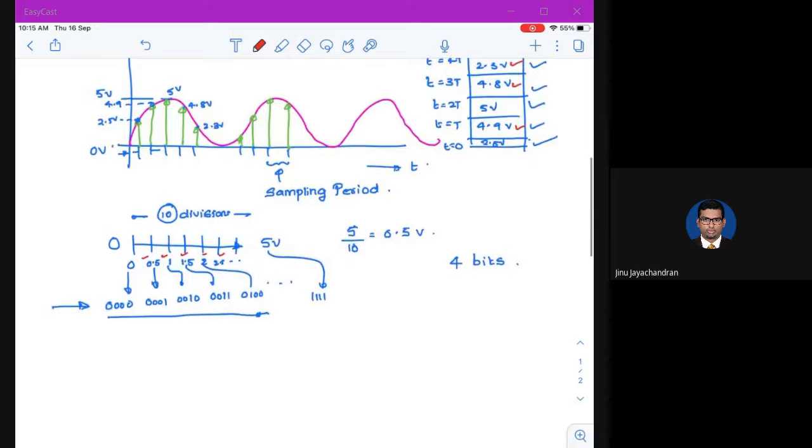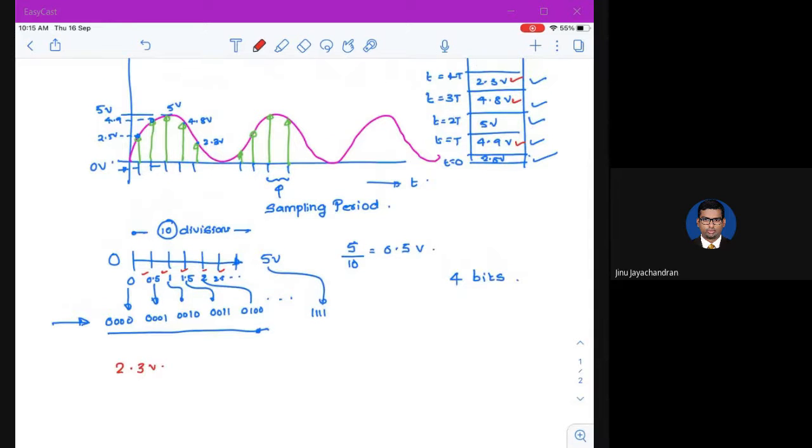For example, if it is 2.3 volt, your divisions are 0, 0.5, 1, 1.5, 2, 2.5, 3, 3.5, 4, 4.5, and I think it's only till 5. These are your divisions.